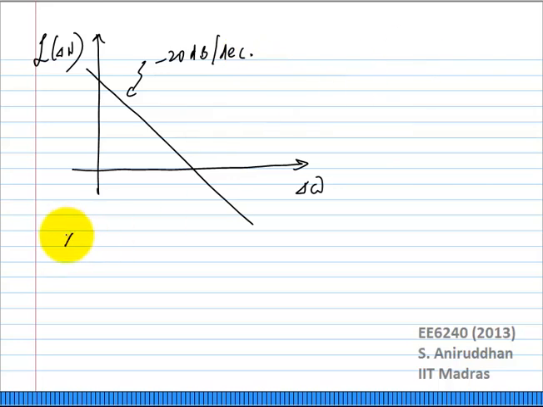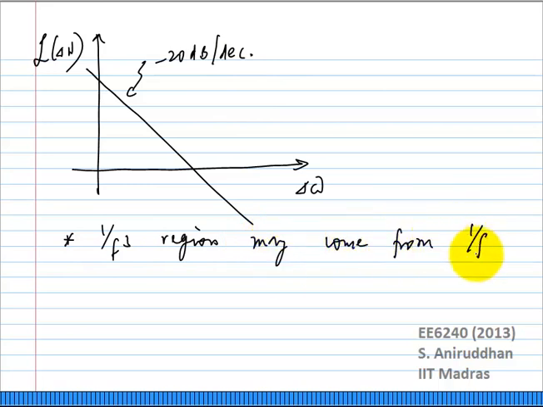So, or rather what we should say is, it may come from 1 over f noise filtered by the tank.